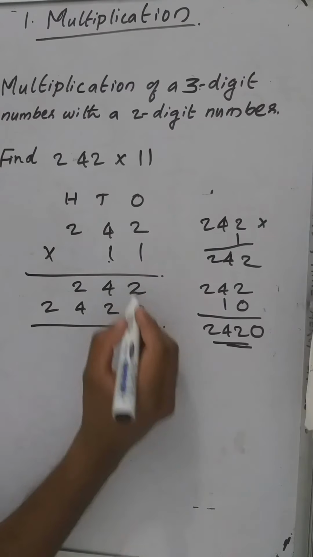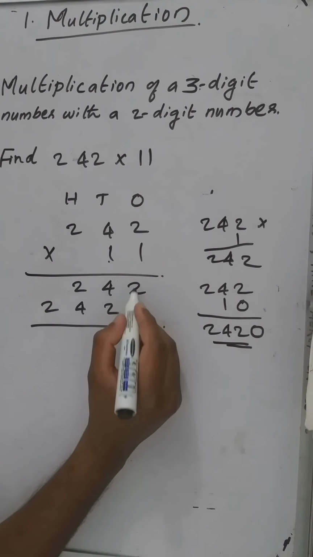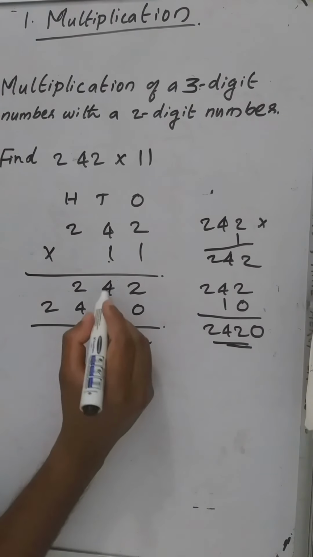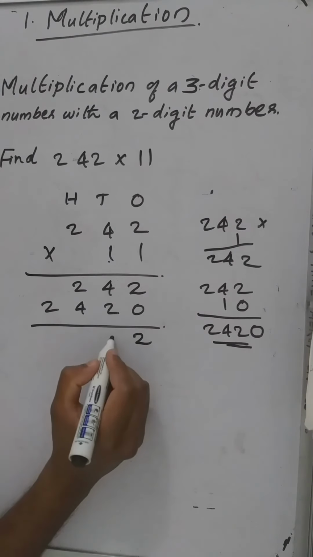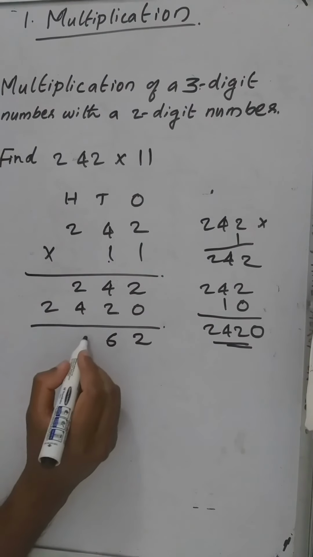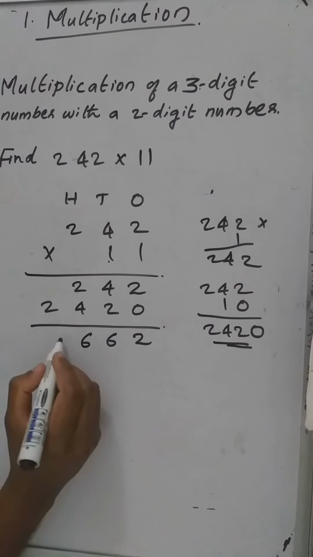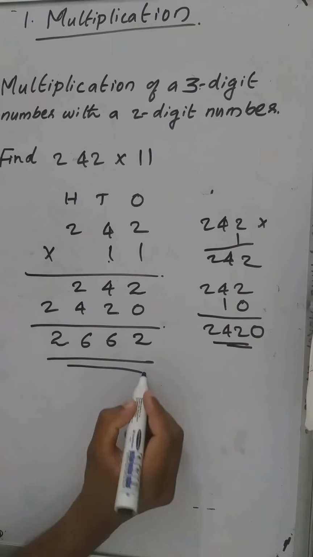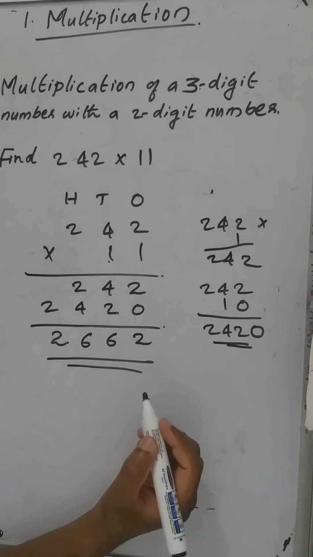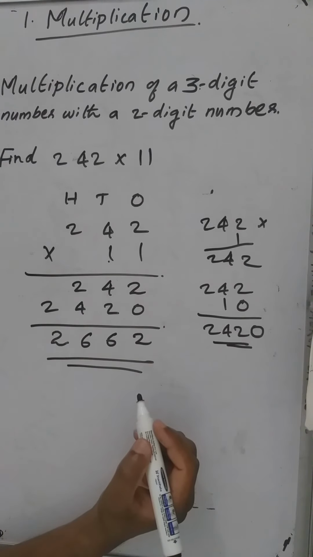Now let's add these numbers. 2 plus 0, 2, 4 plus 2, 6, 2 plus 4, 6, 2 plus 0, 2. So our final answer is 2662. That is 242 multiplied by 11 is equal to 2662.